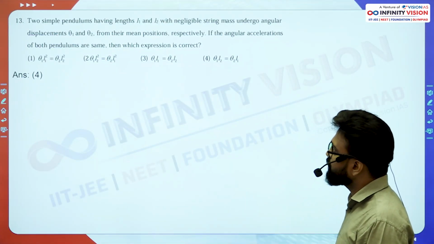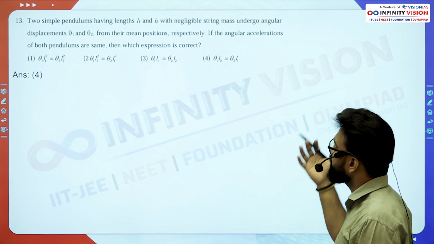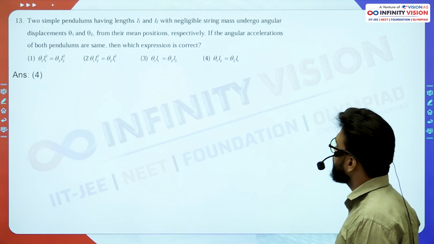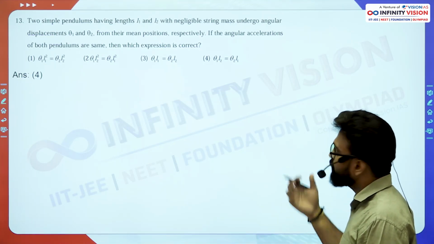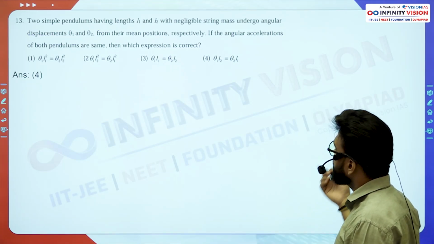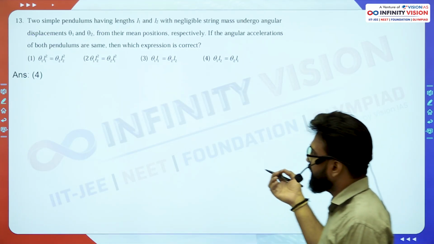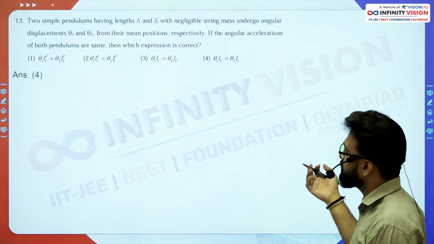Next question says, two simple pendulum having length L1 and L2 with negligible string mass undergoes angular displacement theta 1 and theta 2 from their mean position. So the angular acceleration of both the pendulum are same, then which expression is correct?